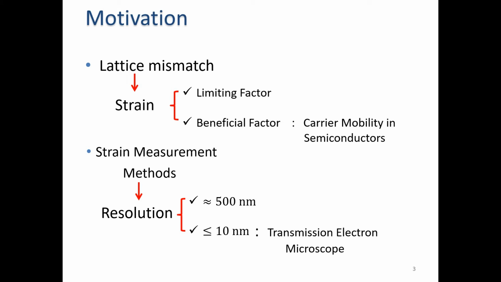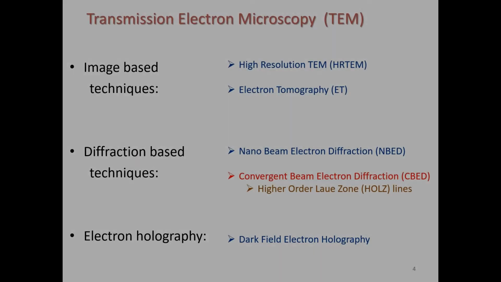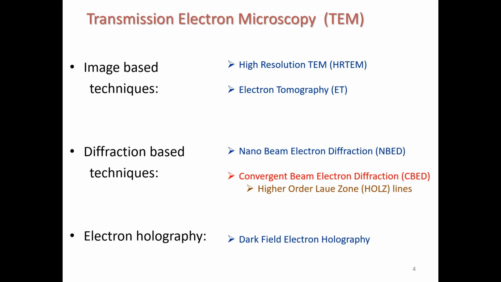Among all the available techniques measuring a strain inside crystals, transmission electron microscope is the only tool which enables us measuring the atomic displacement with nanometer scale. In transmission electron microscopy, methods to measure nanoscale atomic displacement include image-based, diffraction-based, and electron holography-based techniques.